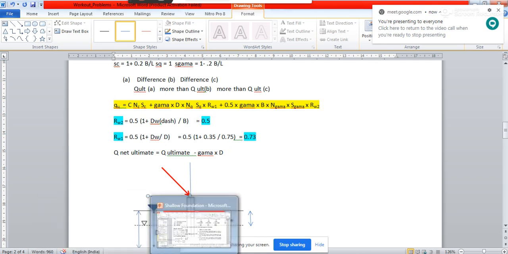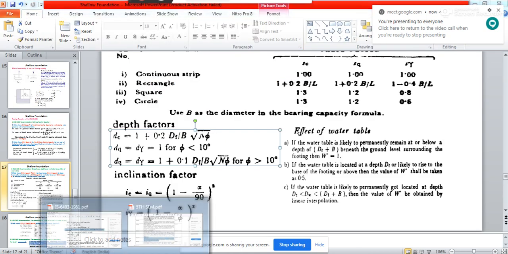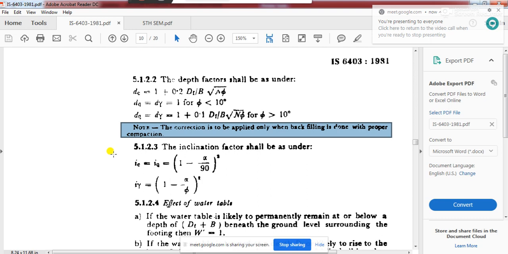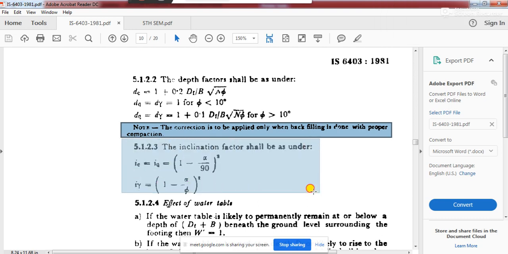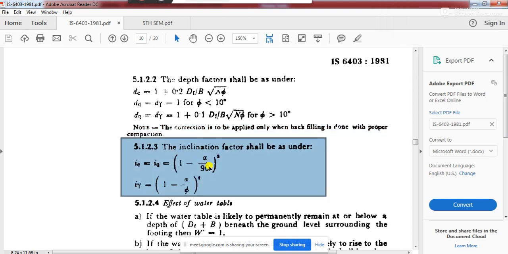Just at the next page, the code gives this clause number 1.2.3, where the inclination factors are defined: IC equal to IQ is equal to 1 minus alpha by 90 whole squared, and I gamma is given as 1 minus alpha by phi, bracket whole squared. Okay.